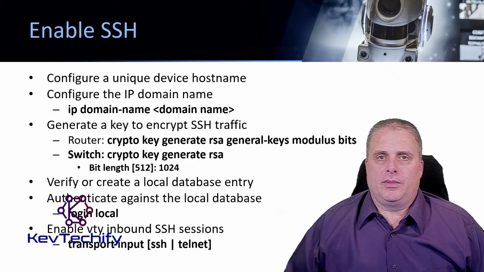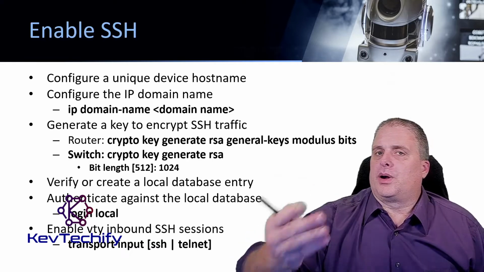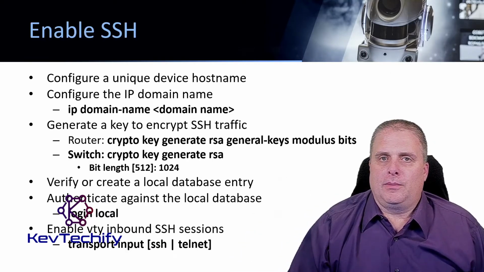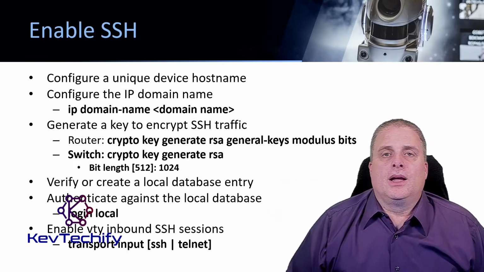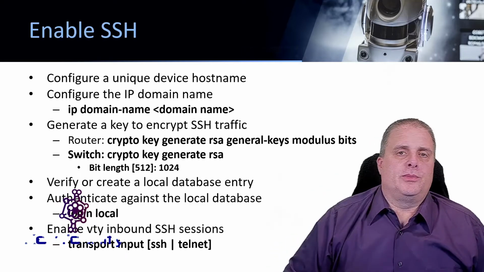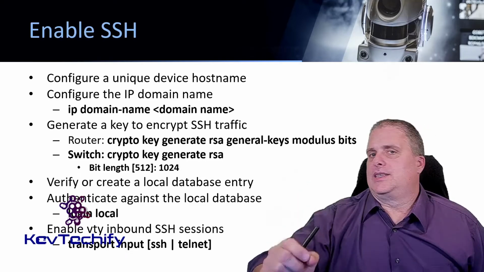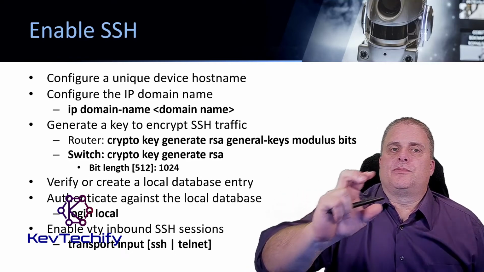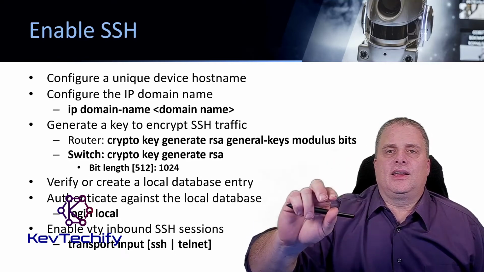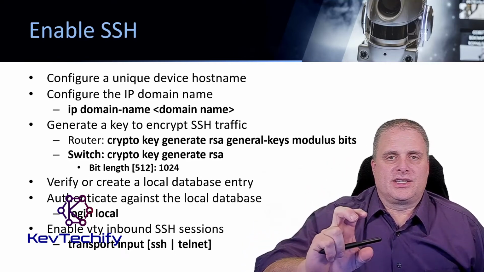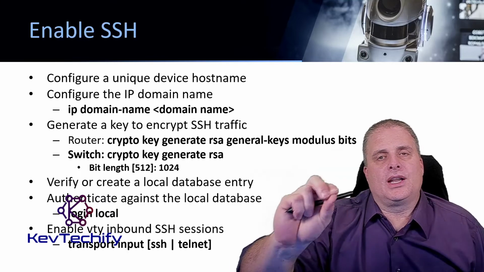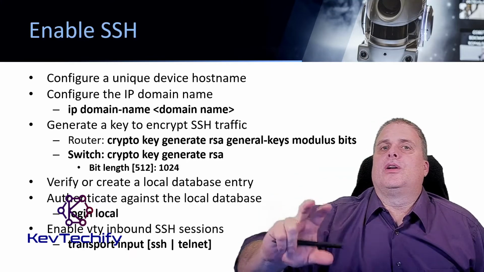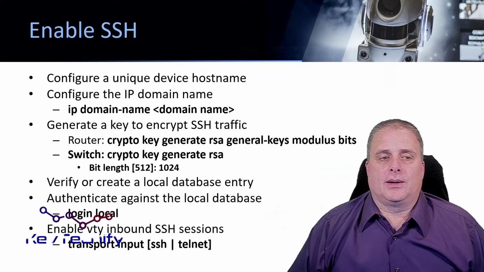You put your domain name in. Typically, it's part of a fully qualified domain name, cisco.com. A lot of times, I'll make a subdomain, call it network.cisco.com. And that would basically identify anything that I'm using for SSH would be part of this network.cisco.com and not part of just the base cisco.com.